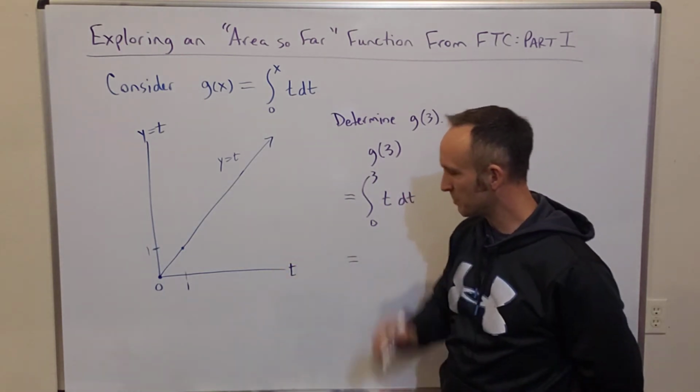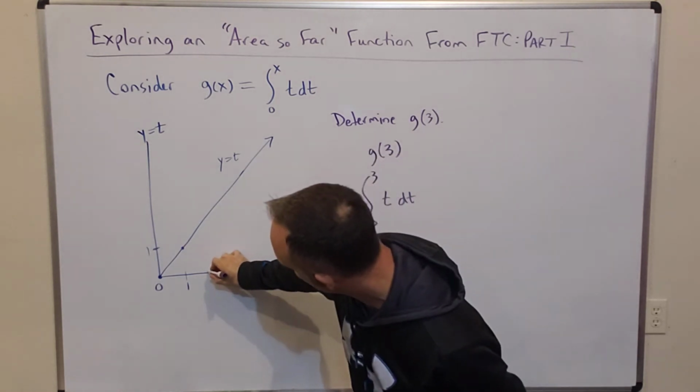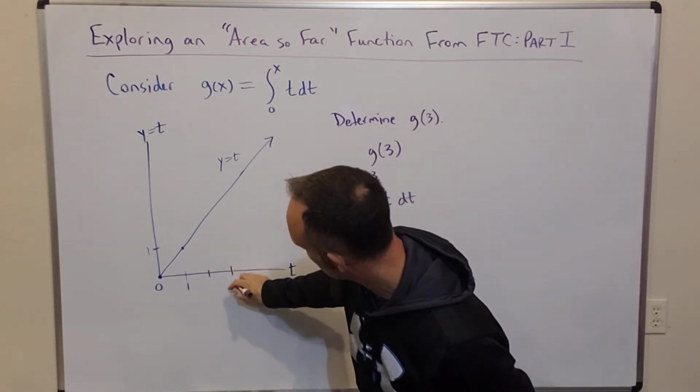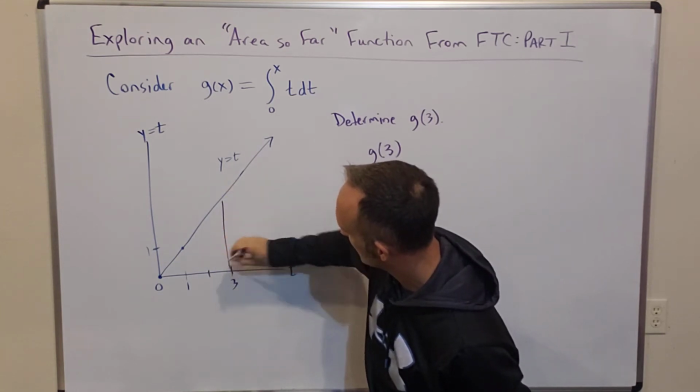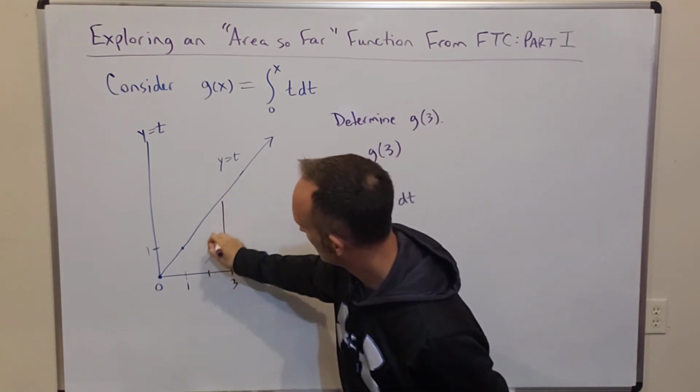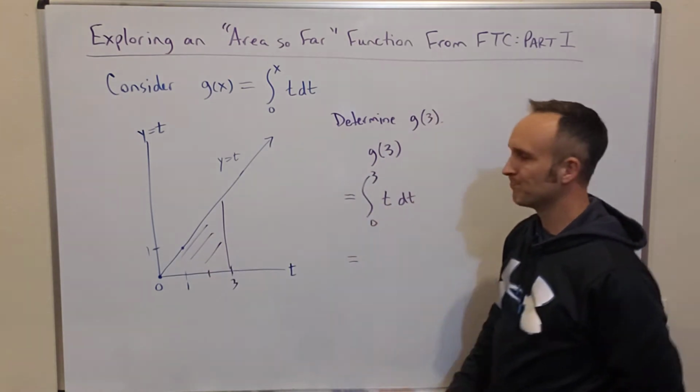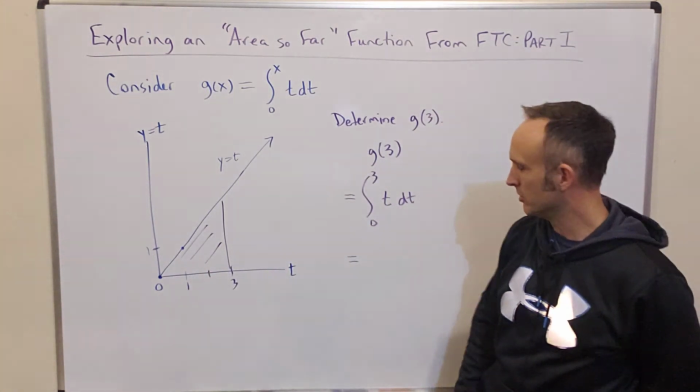In other words, in this picture, I would go out here to 3 on my t-axis, and I would want the area under this line from 0 to 3. And we can see that's just a right triangle.